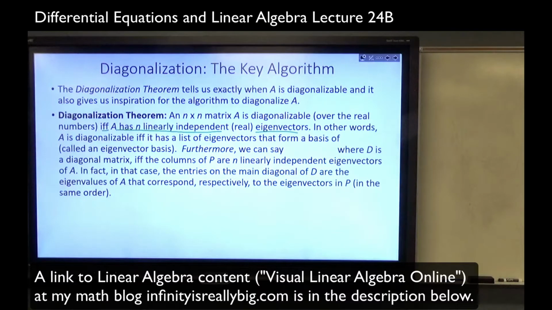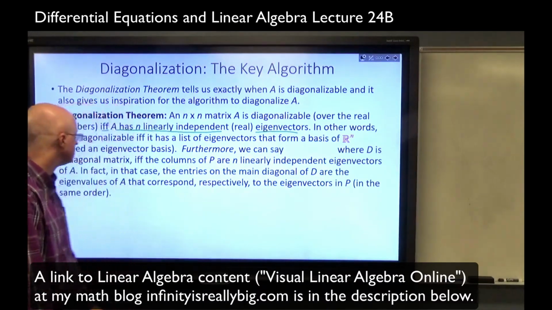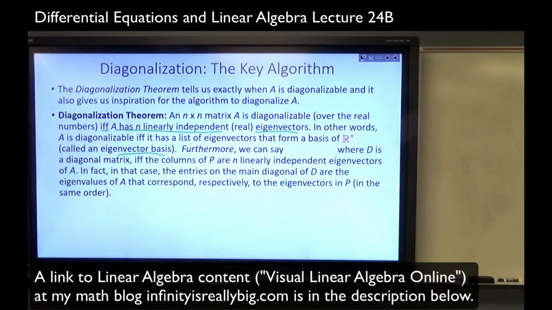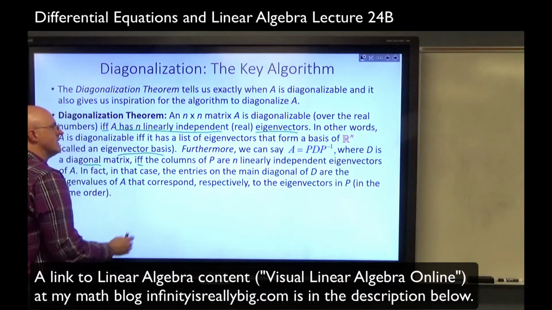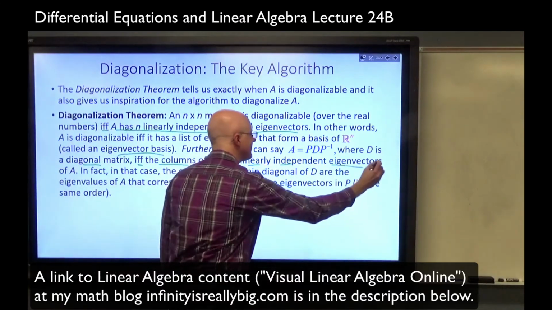In other words, A is diagonalizable if and only if it has a list of eigenvectors that form a basis of Rn, called an eigenvector basis of Rn. Furthermore, we can say that A equals P times D times P inverse, where D is a diagonal matrix, if and only if, again, the columns of P are n linearly independent eigenvectors.